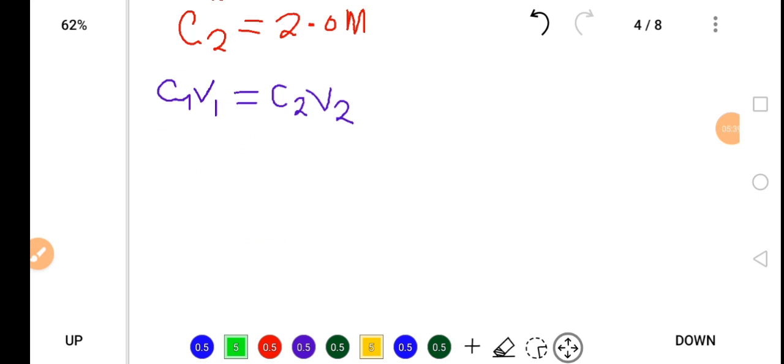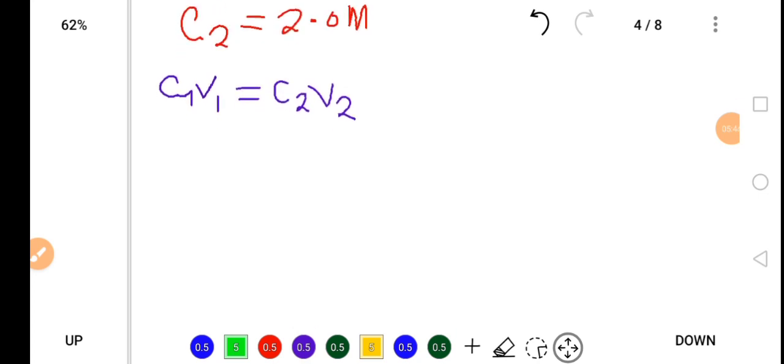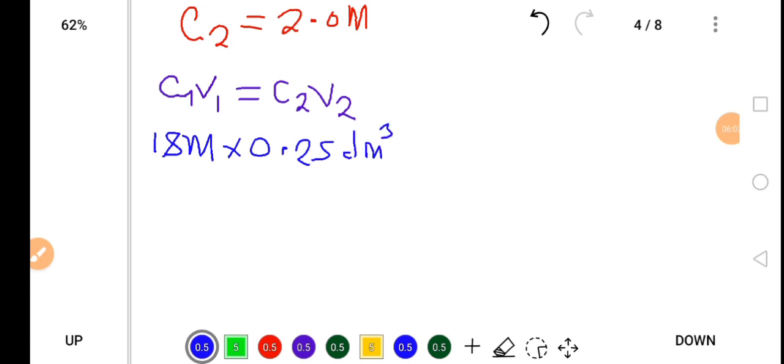Let us put the values. The initial concentration is 18 molar. The volume 1 is 0.25 decimeter cubic equals, then concentration 2 is 2 molar.